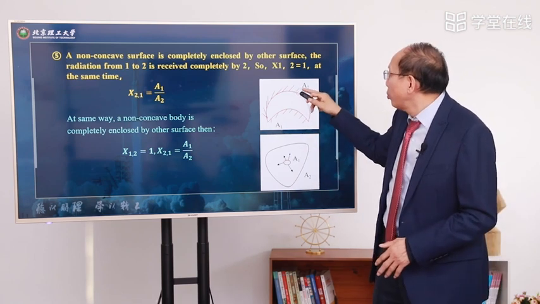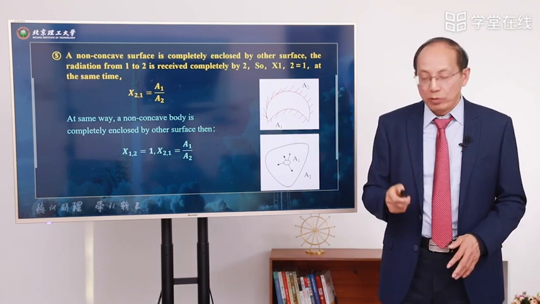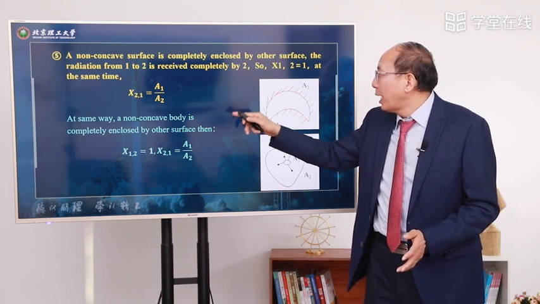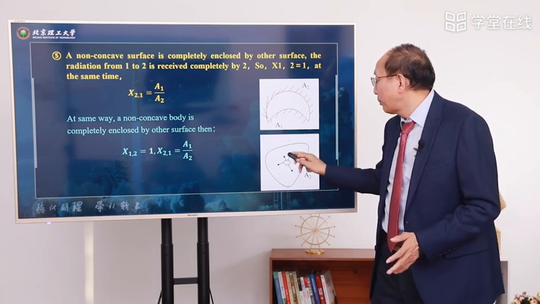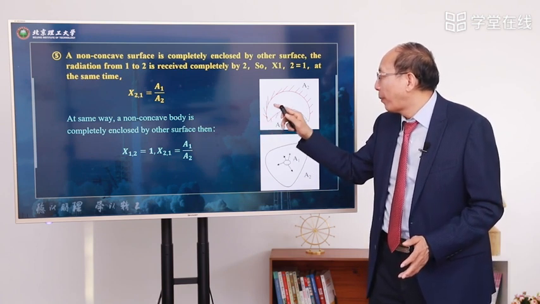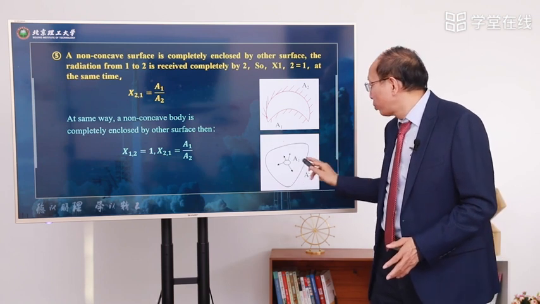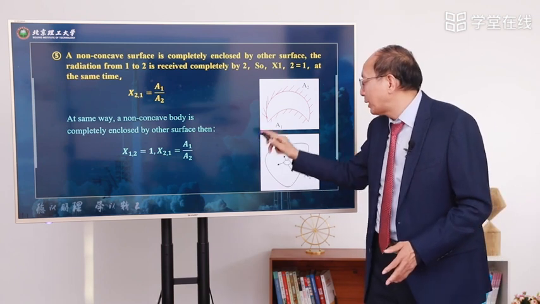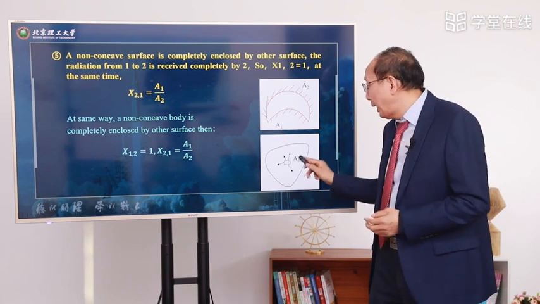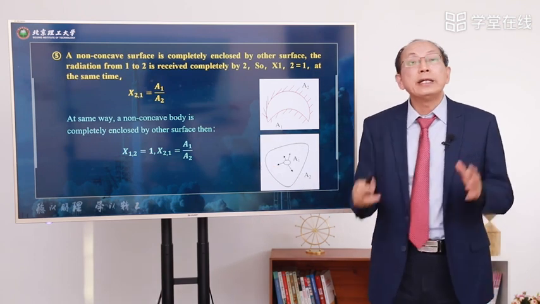So from 2 to 1 is A1 over A2. In the same way, if a non-concave body, for example a ball, is completely enclosed by another closed surface, from 1 to 2 is 1, and x2 to 1 is A1 over A2. If A1 is very small and A2 is very big, x2 to 1 is 0.